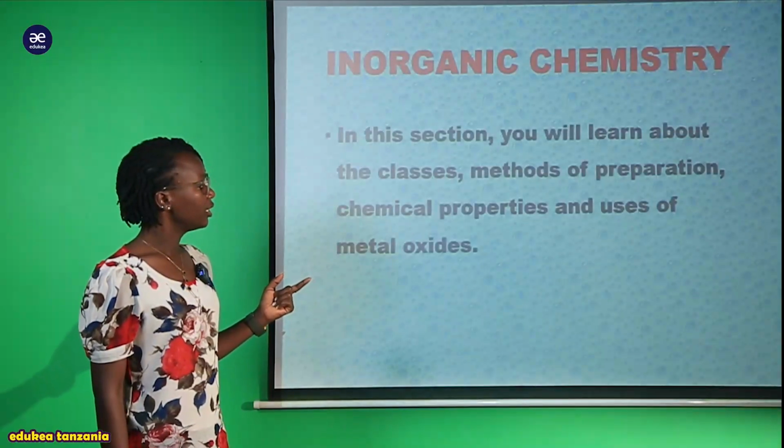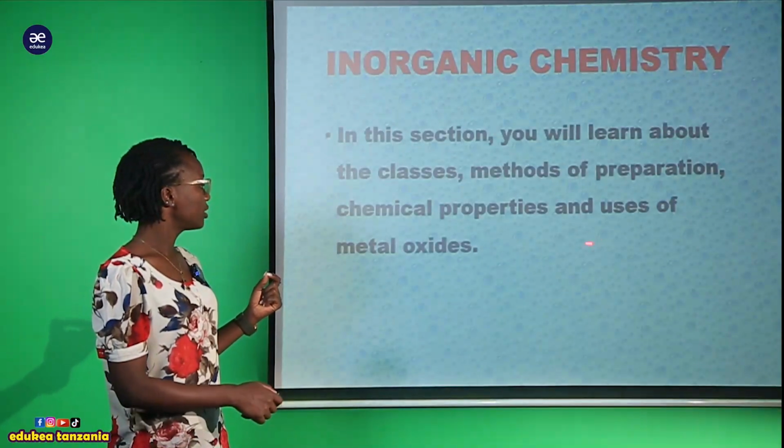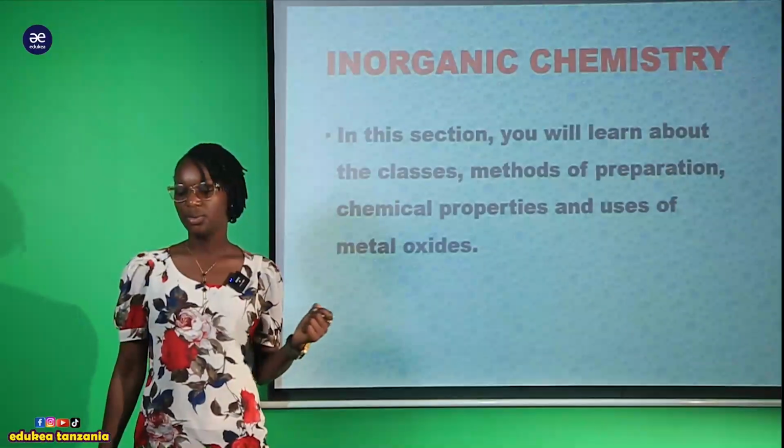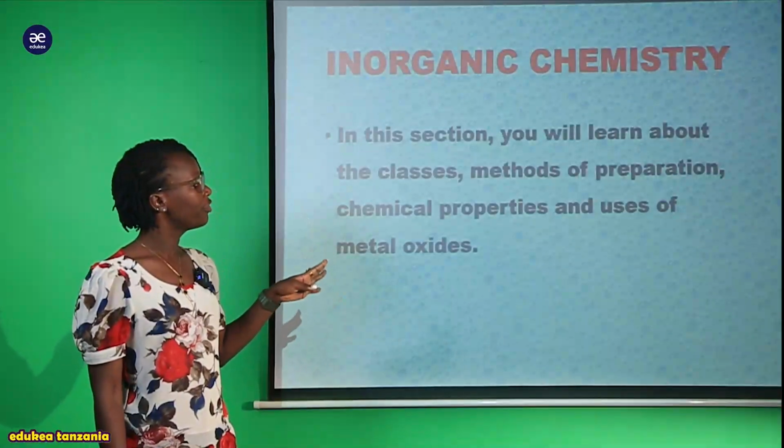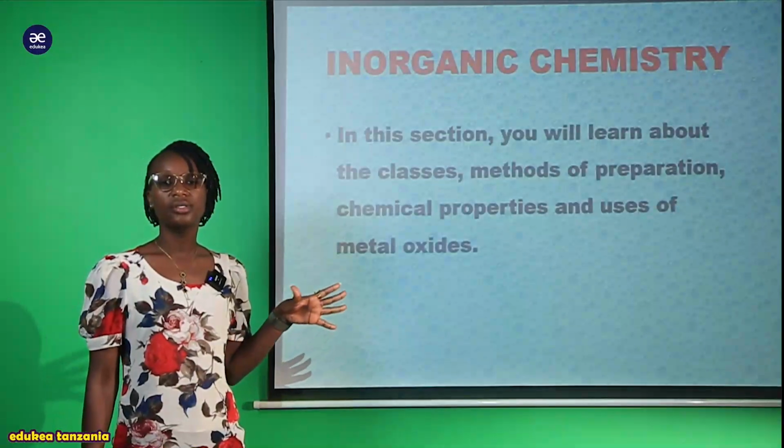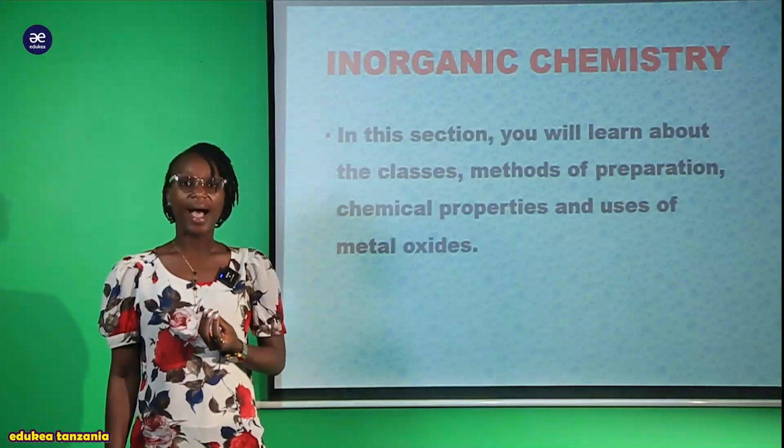Another consideration in this section is all about the uses of metal oxide, and this will finalize our concept of the metal oxide. Kwa hiyo tuna vitu vikuu vinne vya kukava kwenye hii concept au hii section ya metal oxide.